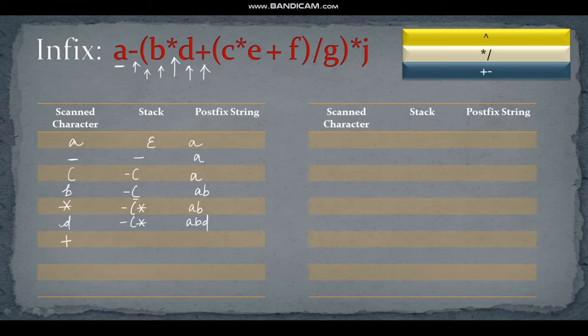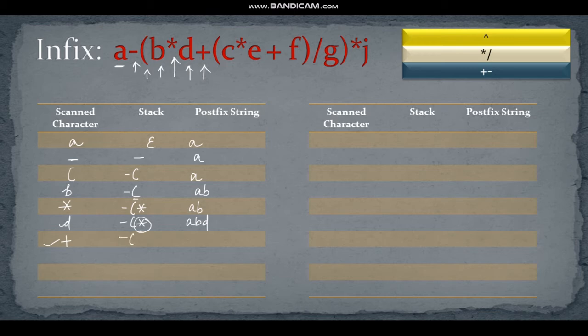Now plus is an operator, so we need to compare this particular operator with the top of the stack. Now the precedence of plus is less than that of multiplication, so we need to pop out the multiplication and push in the plus.